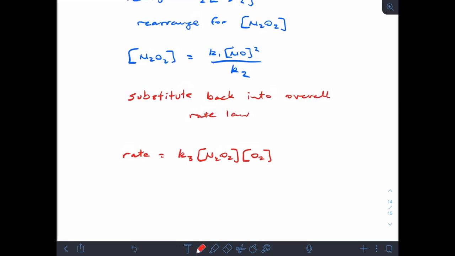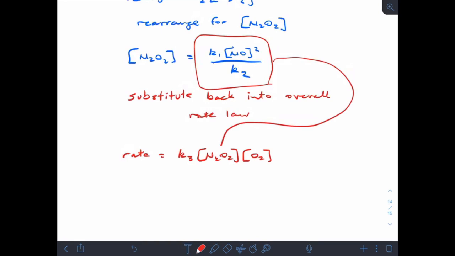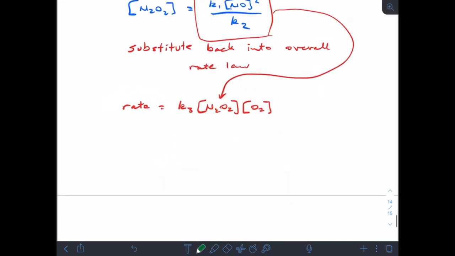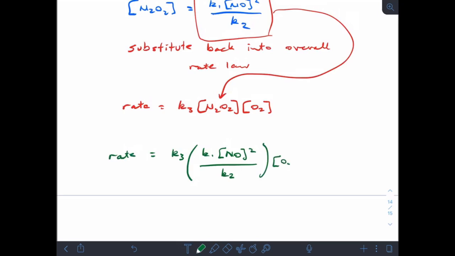So I'm going to take this and plunk it in right here in place of the N2O2. So now my new overall rate law will look like this: rate equals K3 times our substitution, K1 NO squared over K2, times O2.